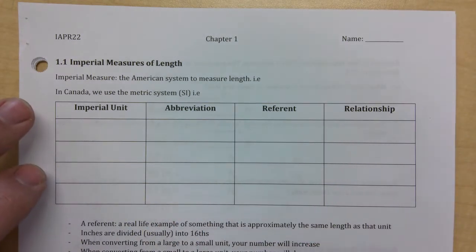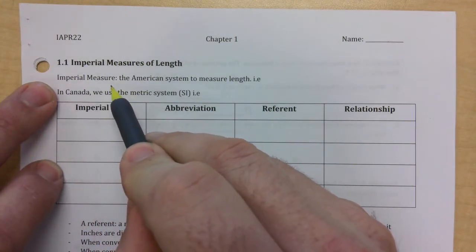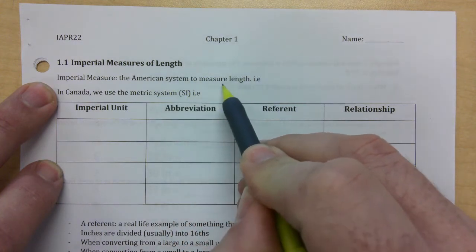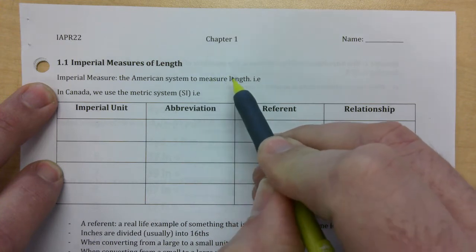So we have two main systems of measurement. There's the imperial measure, right? The American measure, with a system to measure length. But it's not just to measure length, right?